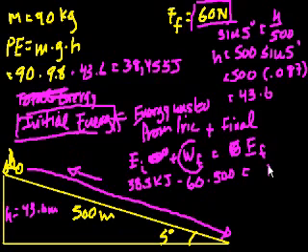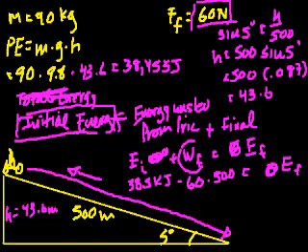And this is going to equal the final energy, right? And what is this? 60 times 500 is 30,000. So let's subtract 30,000 from 38,500.